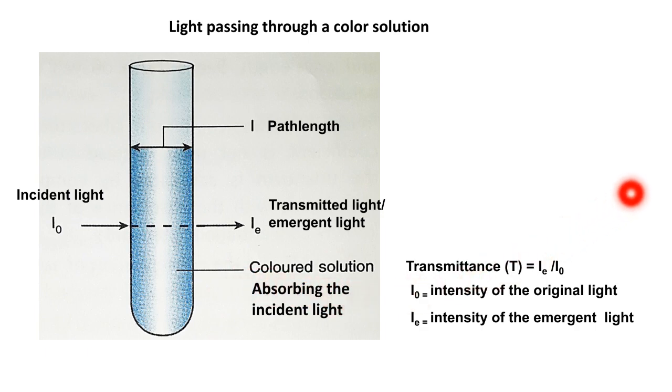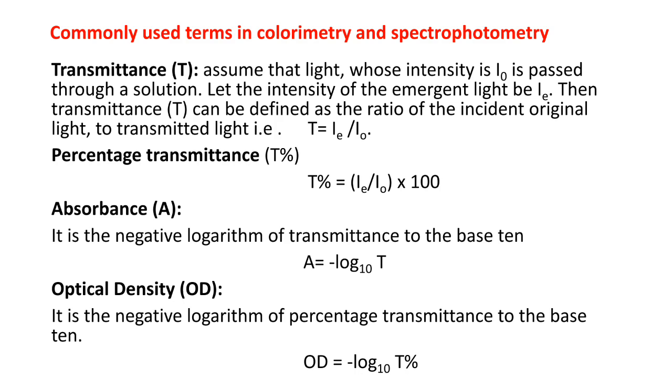So transmittance is equal to the ratio of intensity of the emergent light to the intensity of the original light. Percentage transmittance, T percent equals IE by I naught into 100, means transmittance into 100. Next, absorbance.